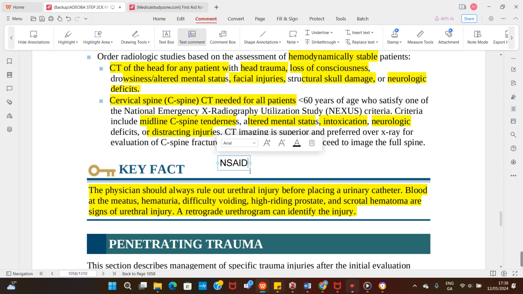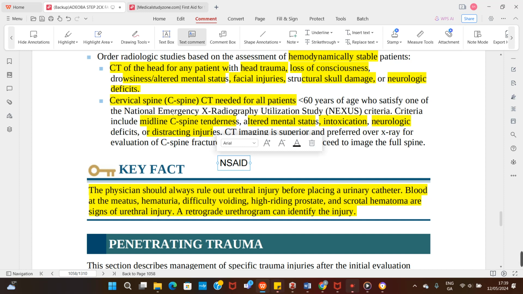So a patient less than 60 years having neurologic deficit, having cervical spine tenderness, by the time you are doing your palpation, the step-off, the log roll, and you are palpating the cervical spine and it's tender, consider cervical spine CT. Altered sensorium, consider cervical spine CT.